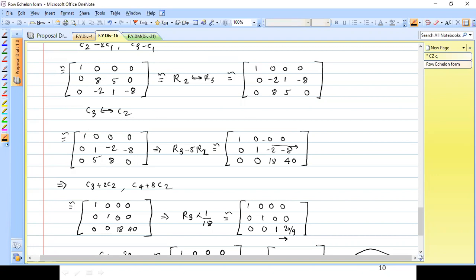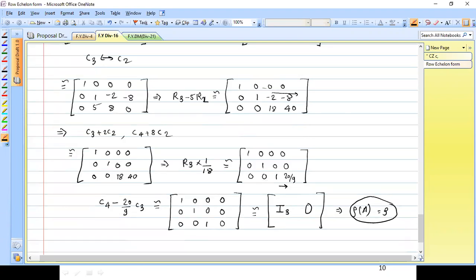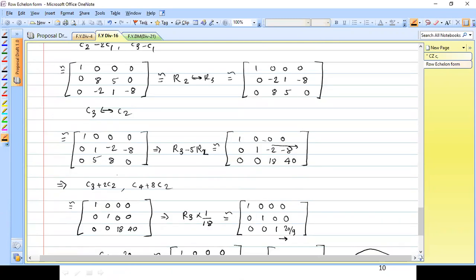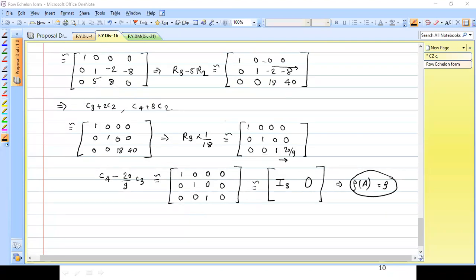You will get 1 here, and by using 1 you can make this 0, but your calculation may become fractional, just like this. It's allowed, it's not a problem. But if you want to be secure about your calculation, then go that way. While doing integer calculation, it's very easy. Clear?